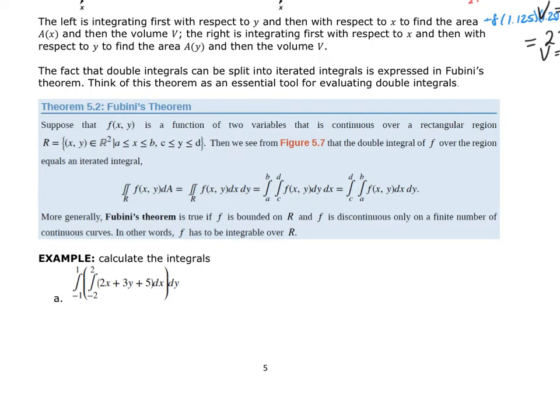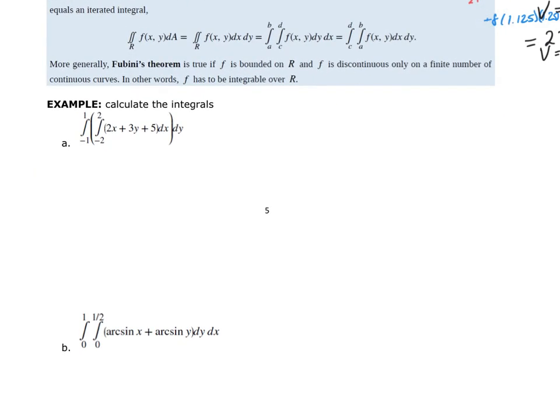So let's start doing the integrations. As I look at this, it doesn't matter which one I approach. I can approach it with respect to x, or I can approach it with respect to y. I look to see which one I think may be easier. And I also remember that I can break this apart. So I think I'm going to break this apart.